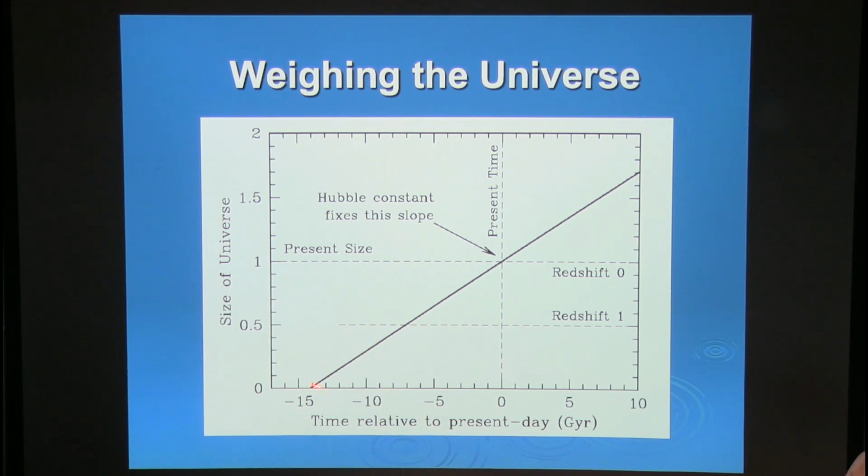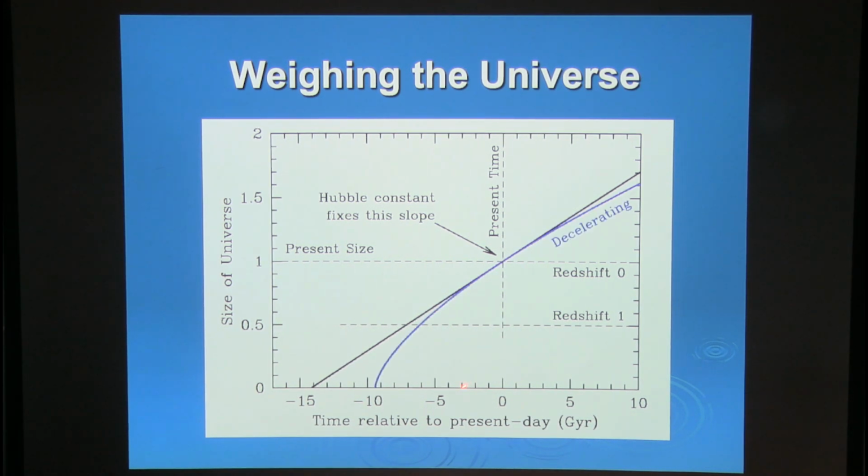You would look back and say, oh, the Big Bang is 14 billion years ago. But if you think that the universe is decelerating because of matter, then it should be expanding quicker at the beginning, and then it should start to decelerate. And that means that the Big Bang, the time of zero size, is less time in the past.